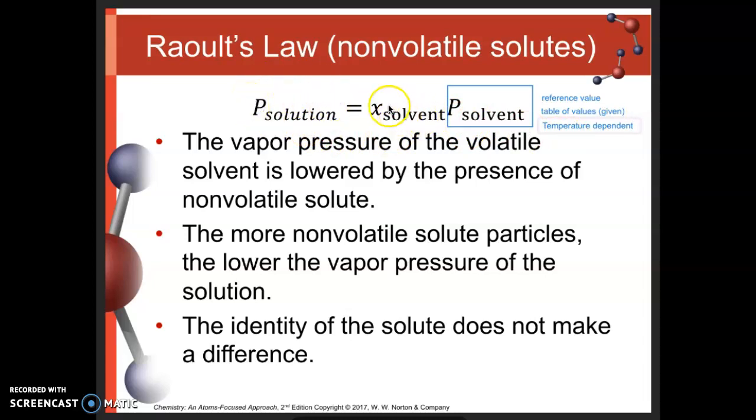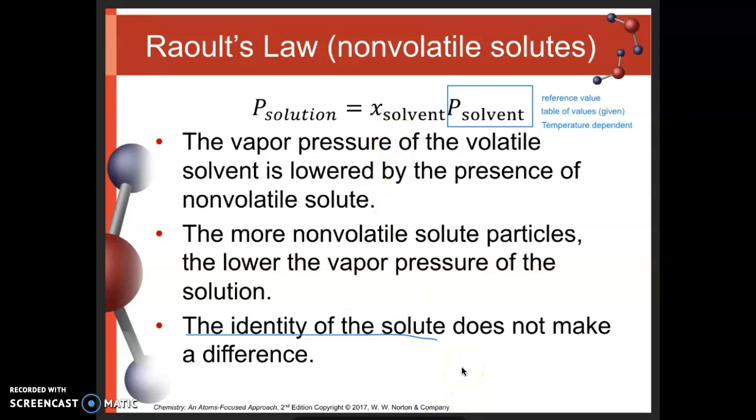And so the more solute we have in here, the lower our mole fraction will be, and the lower our solution vapor pressure will be as well. And what's cool about this, what makes it a colligative property, is that the identity of the solute does not matter. What matters is how many moles of that solute we have and how many moles of solvent there are.